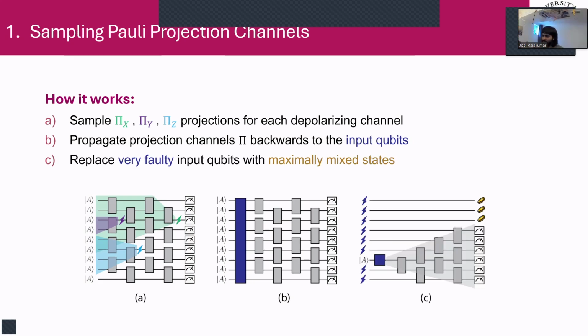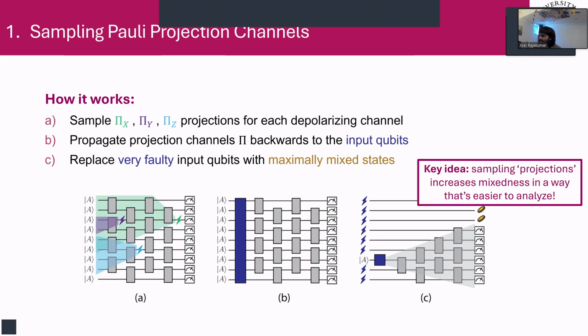So you combine them all, and we actually show there's a simple way you can check that if enough of these Pauli projection channels build up together, some of these qubits are going to be so faulty, with so much projection happening on them, that they are effectively replaced with the maximally mixed state by the error channels. And we can show this formula.